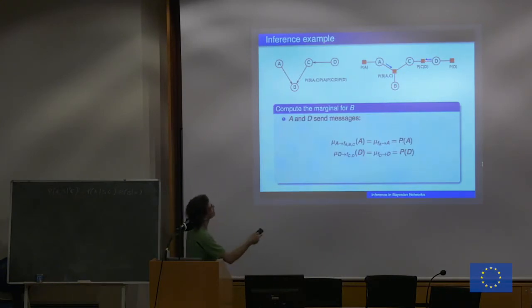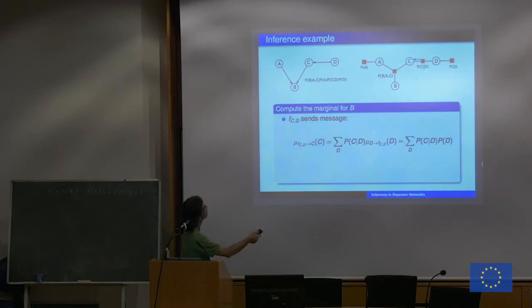But the idea is that here you take the message coming from D, which is actually P(D), you multiply by P(C given D), and you sum over D. And this is the message sent to C. The same thing you do here. This is a variable node, so it has one incoming link, one outgoing link, so it just propagates the message. So the same message gets propagated.